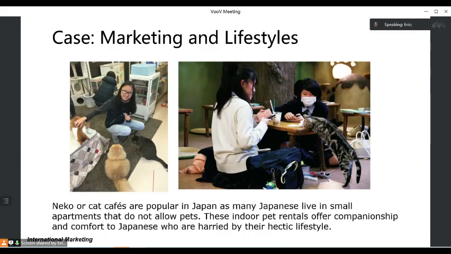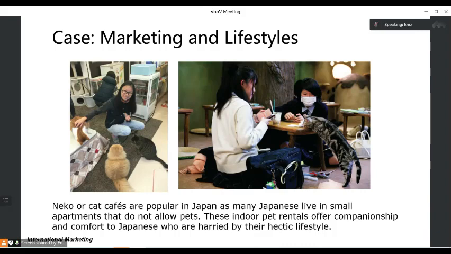But some apartments don't allow pets. So a place appeared that provides modern urban people a place to study, to play, and have a chance to play with pets. It is popular in Japan.